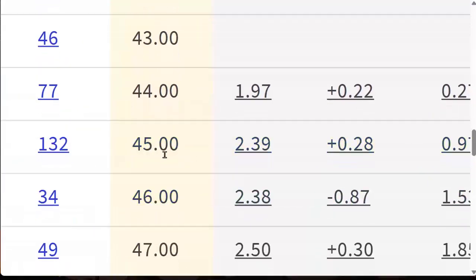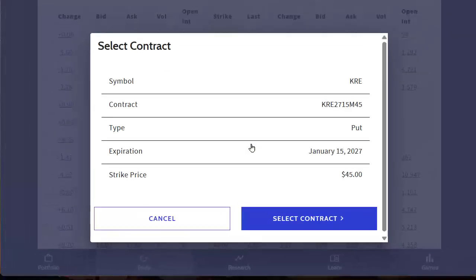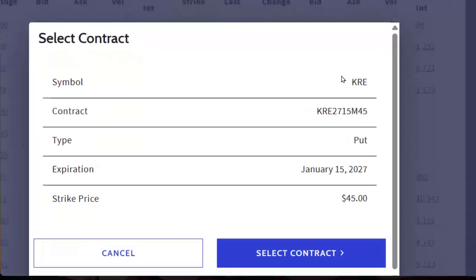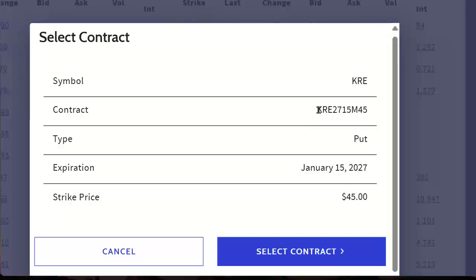We're in the January 15, 27 contract date. And we're going to click right on this number here, whatever it is today. It's next to the 45. And it's going to look like this. It says select the contract. The symbol is KRE. The contract is KRE for 2027.